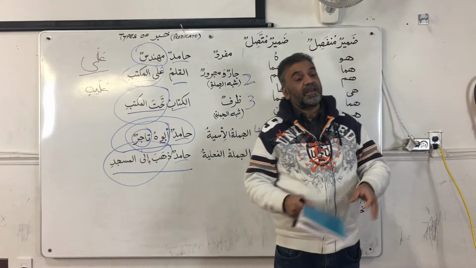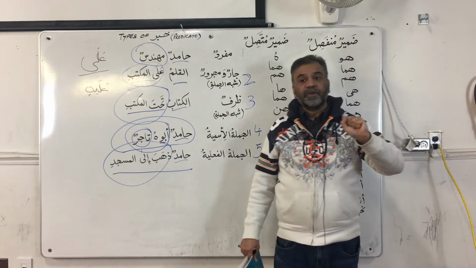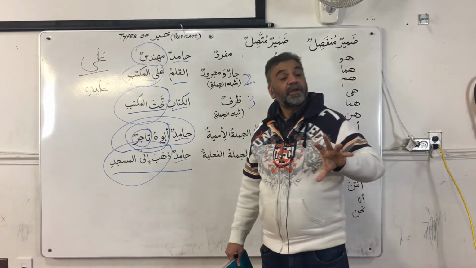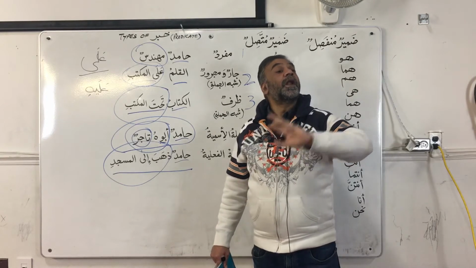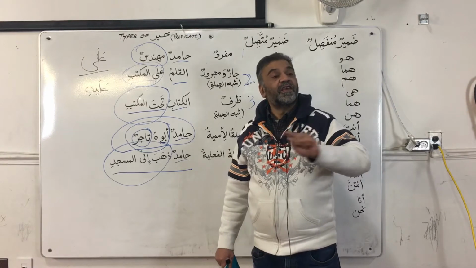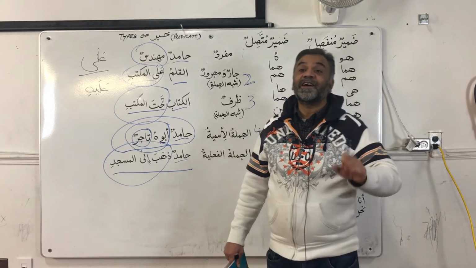This ma here is coming as a relative pronoun. It is not coming as a particle of interrogation, it is not coming as a particle of negation, it is coming as ismu mausula. Belong to him whatever is in the heavens and whatever is in the earth.